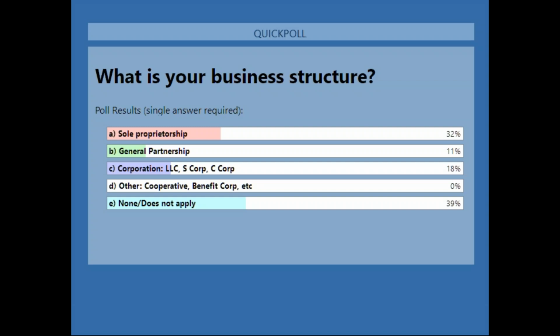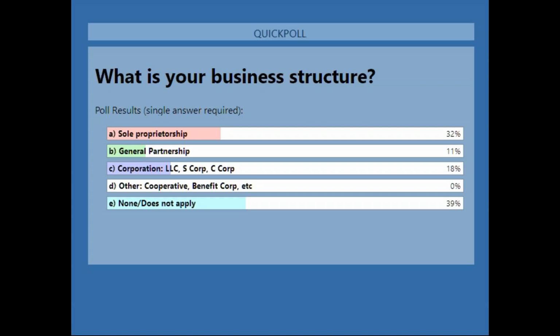So yeah, it looks like sole proprietorships are the largest percentage, right? 32%, and that's roughly consistent with what's typical nationally. The vast majority of small businesses are held as sole proprietorships.